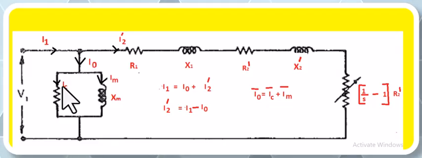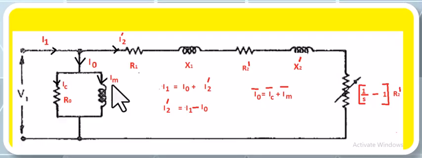This is the core loss component represented by resistance RC, and the current flowing in this we call IC, and this is the magnetizing component XM, and the current flowing through it is IM. This is also called the magnetizing component, and this current is responsible for flux creation in the three-phase induction motor.